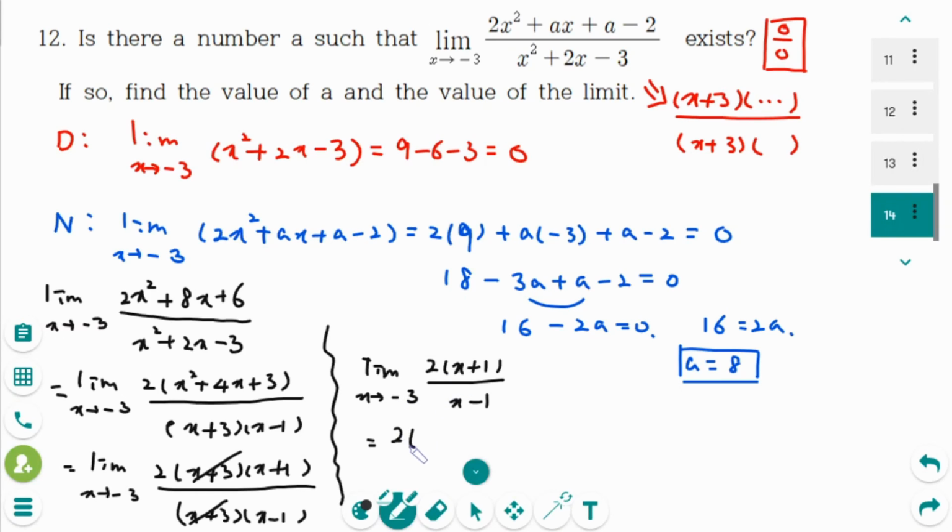So 2 times minus 3 plus 1 over minus 3 minus 1 equals 2 times minus 2 over minus 4. Let's cancel out, make it positive. So 4 over 4, which means 1. So the value of the limit is 1. And a is 8. That is the answer.